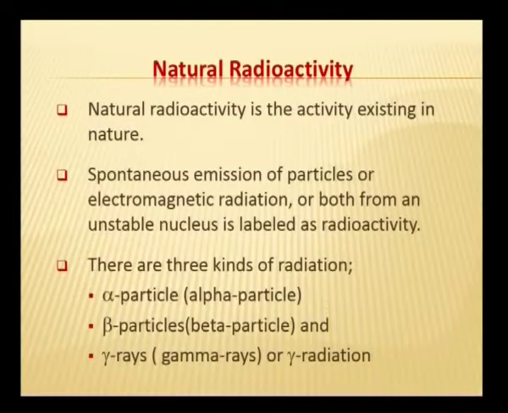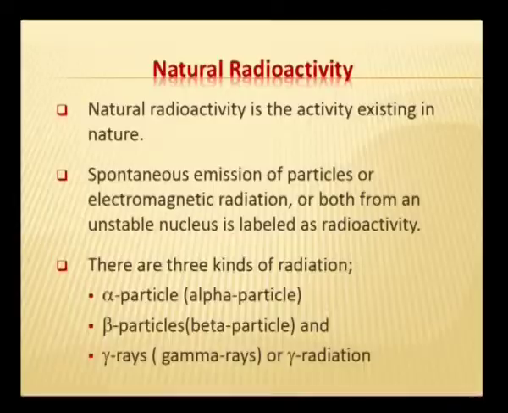What is mass number? The number of protons and the number of neutrons, that is called the mass number. You know, the number of protons and number of neutrons will not be equal to one another after certain nuclear mass.